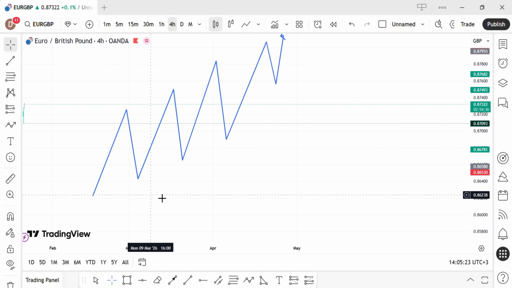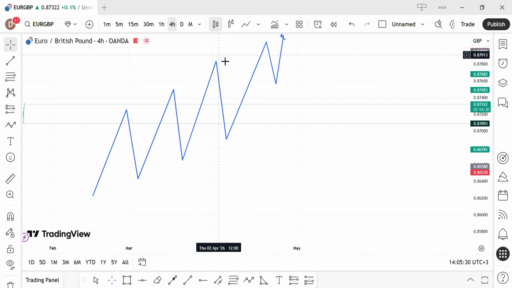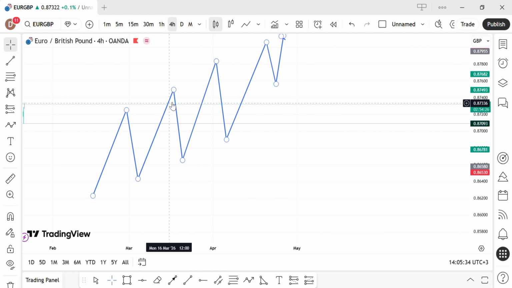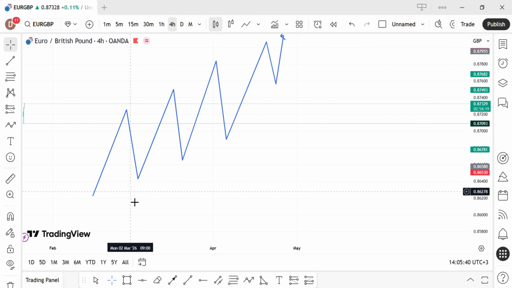So for us to take a trade, we wait for the market to show a pullback so we can take a buy. Because when the market is moving up like this, you cannot take a buy somewhere here. You cannot take a buy here because your stop loss will be big, so your risk to reward ratio will reduce.